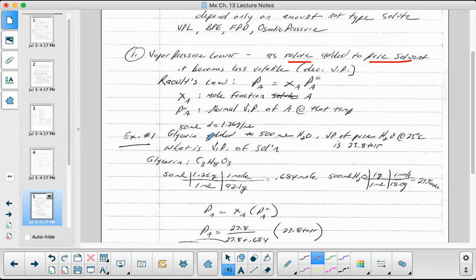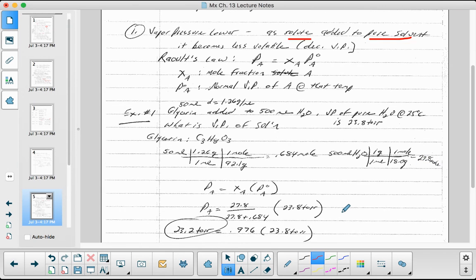I know the density is 1.26, so I can convert milliliters to grams, and then I can convert the grams to moles to find out the number of moles of my solute. I do the same thing with the water, knowing the assumed density of water is 1 gram per 1 milliliter, and I find out the number of moles of water that I have. So that's the first thing.